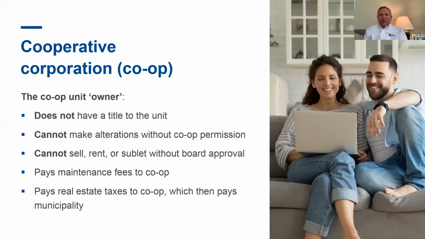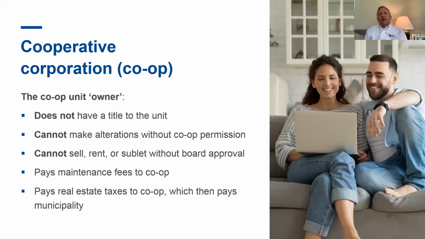And unfortunately, if you ran into a situation where your buyer did not get approved by the co-op's board of directors, then you could not sell the apartment to them. That sale would be voided, and you would have to start over and find a new buyer. So there are certainly concerns, or at least items that you need to be fully educated on when you are considering the purchase of a co-op.